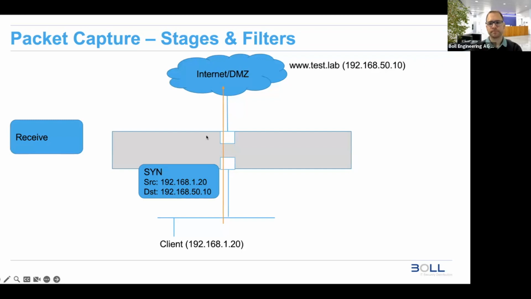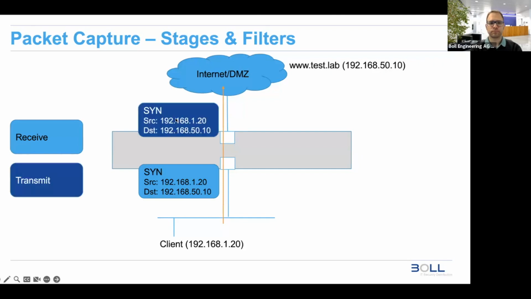This SYN packet is then transmitted to this interface, and when it's sent out to the web server on the outgoing interface, the transmit stage is capturing this packet. I did not mention the firewall stage in between because I just want to focus on those two stages. The same packet is captured by the transmit stage as well.